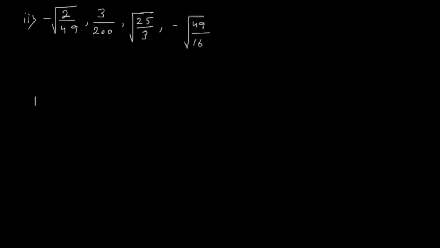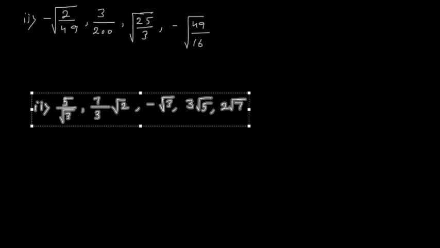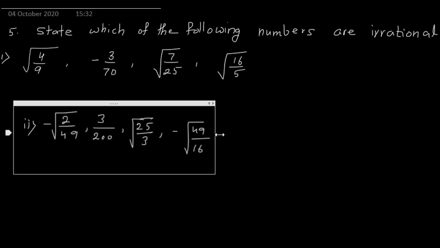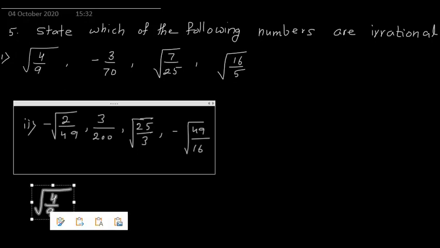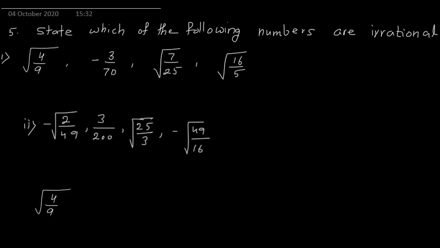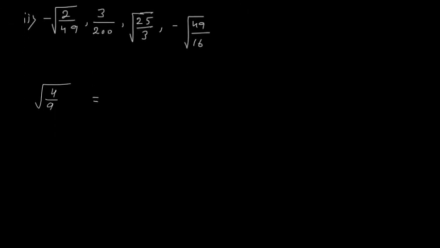Now the first number we have is under root 4 upon 9. One by one I will take. First I will take this number, root 4 upon 9. Now this can be written as: we know square root of 4 is 2, so the numerator is 2 and the denominator is 3, which is our rational number.